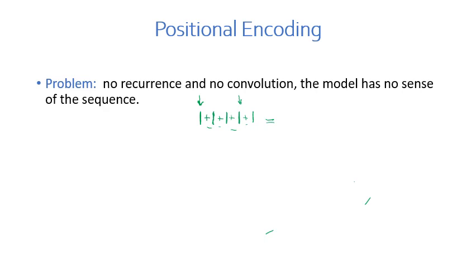If I scramble the words, I shouldn't get the same representation of the whole sentence. I should get a different representation. So that's the problem: we don't have convolution, we don't have recurrence, we don't have any way to take care of the sequence of the words here.